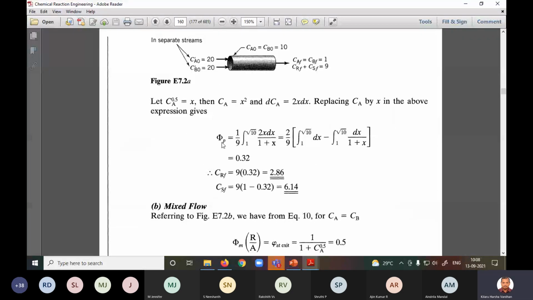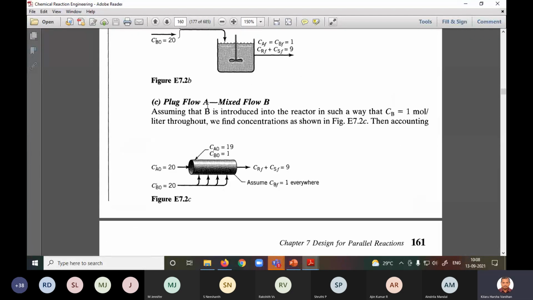Yeah, for a plug flow A and mixed flow B. So A is plug and B is mixed. So this is 20 moles and this is also 20 moles. That is what he is giving in the problem. So A will happen to be here once A is going here. So B is not just added here. Therefore, B becomes 1 and CA naught becomes 19, because these two are being added, 20 minus CB is 1.